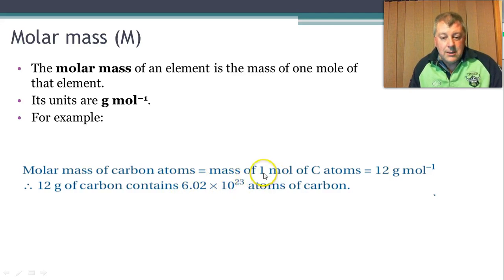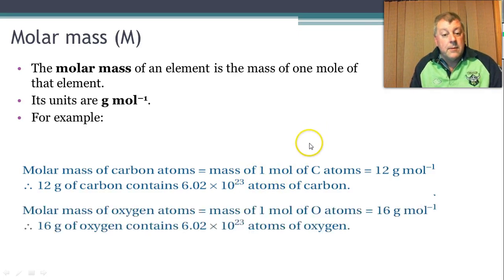Now notice here that we've lost the E. That's because we're talking about 1 mole in terms of concentration, not in terms of number. The molar mass of oxygen atoms equals the mass of 1 mole, and mole is the number, so when we have this number of oxygen atoms it is 16 grams.